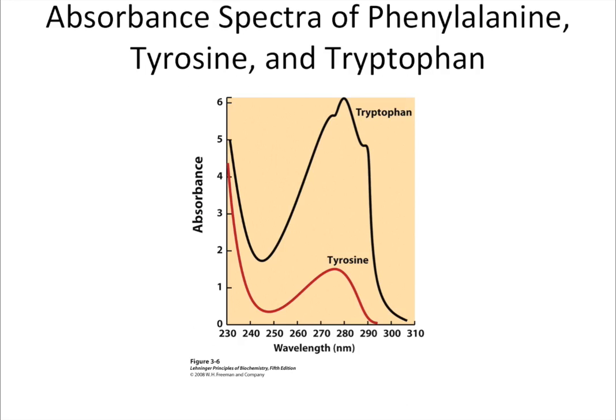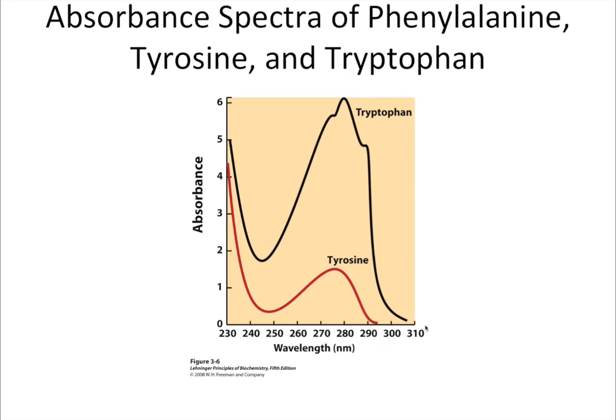Okay, so just to give you a better illustration of that, this is a UV absorption profile, or actually you can call it a UV-vis absorption profile, but it's only showing light in the UV range for both tryptophan and tyrosine. So this is actually going from UVC light, which is down to 230. When we get up to 280, that's the end of UVC. Then you start to get into the UVB region. Actually 290, I believe. 290 to 320 is the UVB.